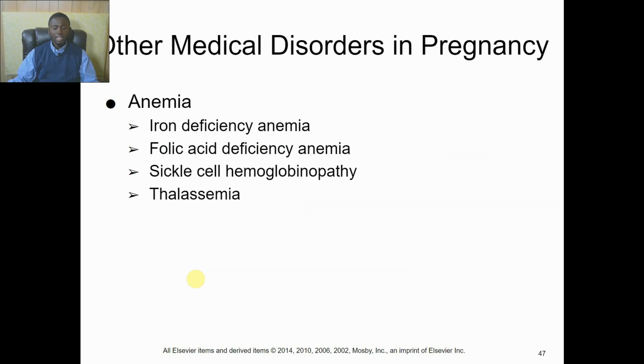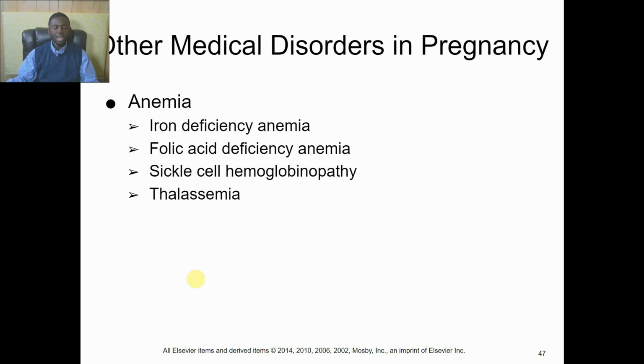Okay. Other medical disorders in pregnancy include anemia, and there are various forms of anemia, including iron deficiency and folic acid deficiency. If the patient has a history of thalassemia or sickle cell disease, then we also have to account for that. But most of the time, anemia is caused as a result of pica.